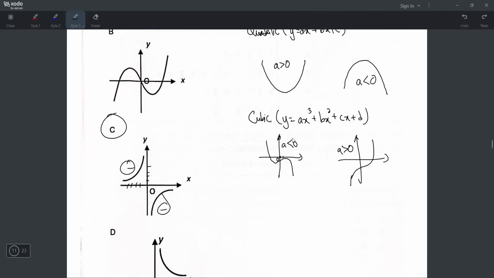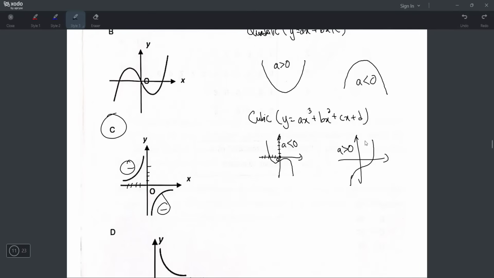But if you look at your cubic graph, it starts here and here. Above here is positive numbers, and the left side is all negative numbers. What happens when you take positive times negative? Negative. That means this is a negative region. Same with here: positive number here, negative number here, so positive times negative is negative. So this is a negative region. That's why when the cubic graph looks like this, the a is negative. This is how I remember it.